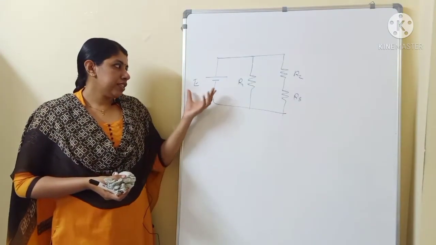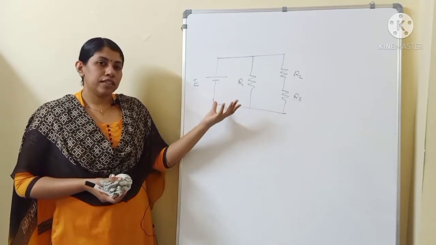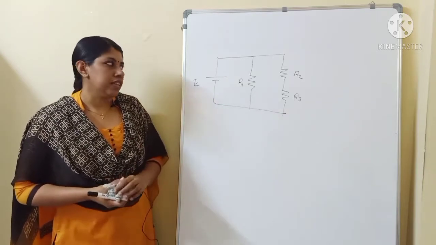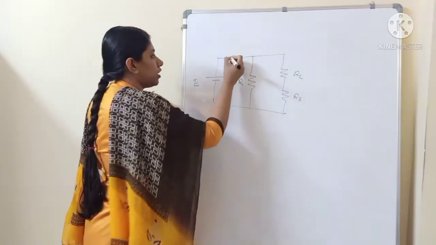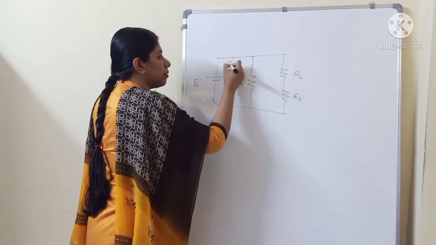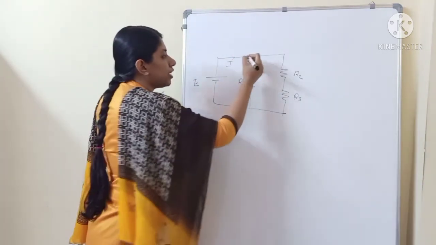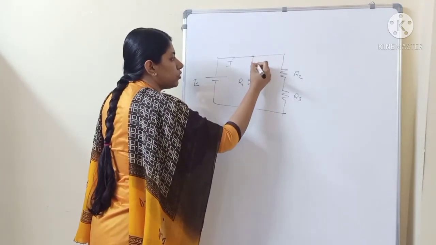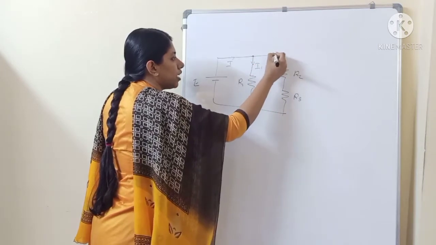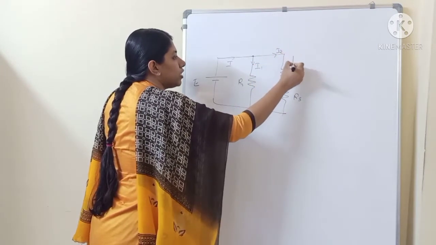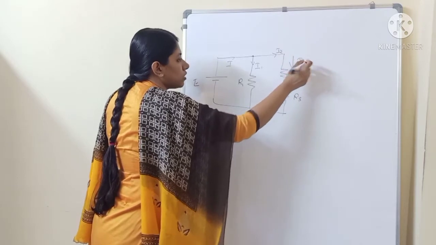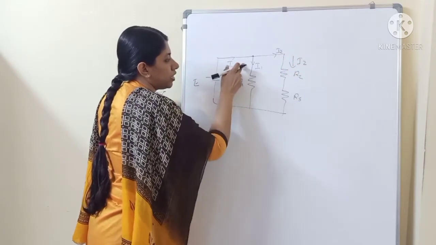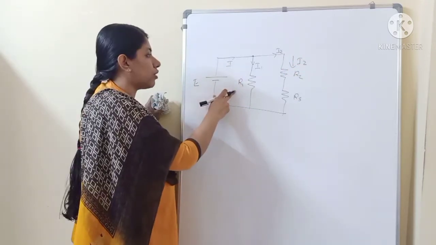In this circuit you can see that there is a voltage supply and there are three resistors R1, R2 and R3. Because of the applied voltage, a current will flow through this circuit. Let us name that current as I. When the current reaches this node, it will divide into two, that is I1 as well as I2. The current I2 flows through both these resistors R2 and R3, whereas current I1 flows through the resistor R1.